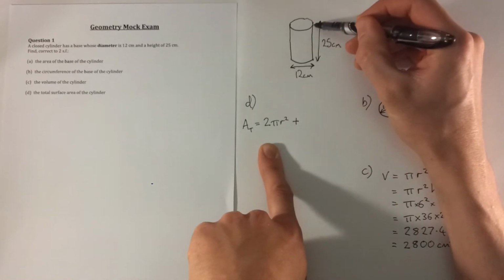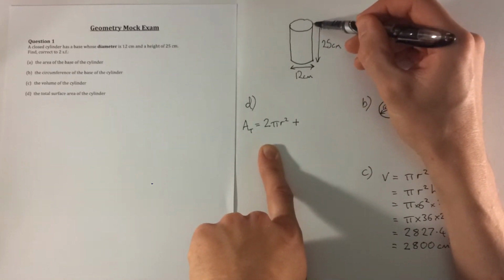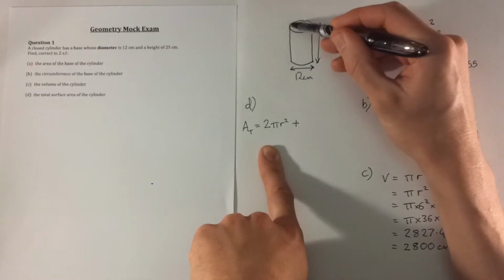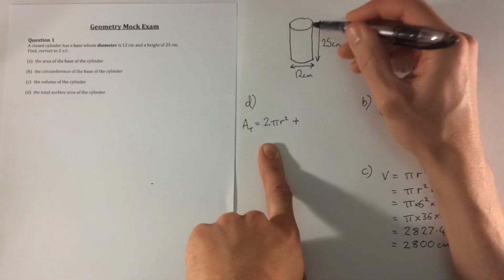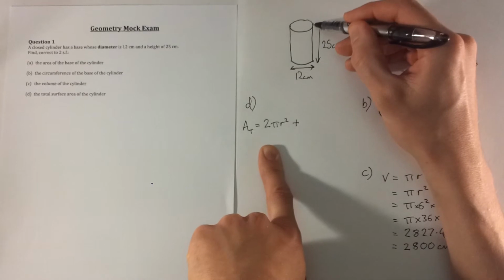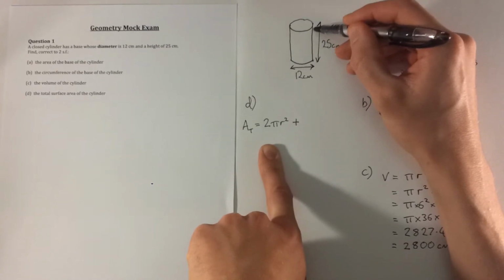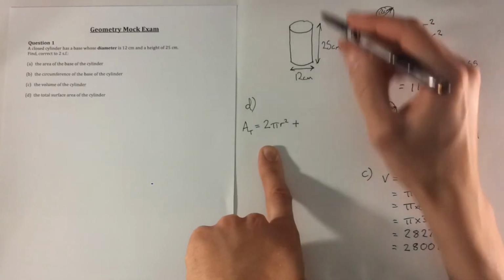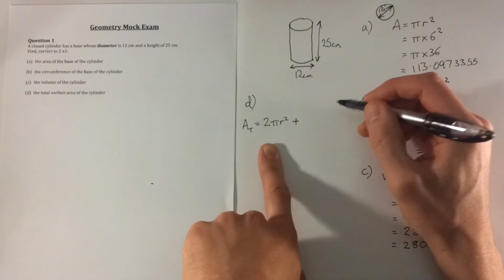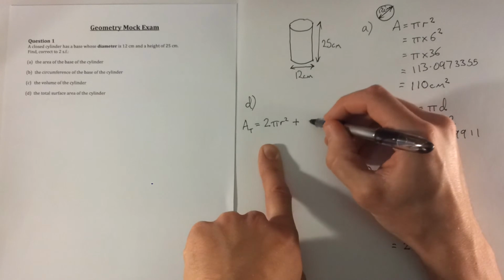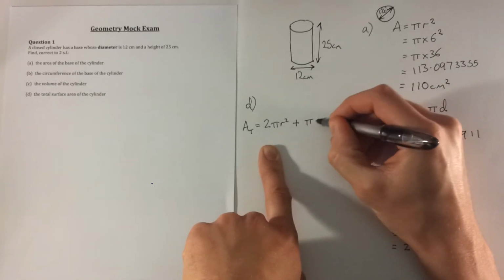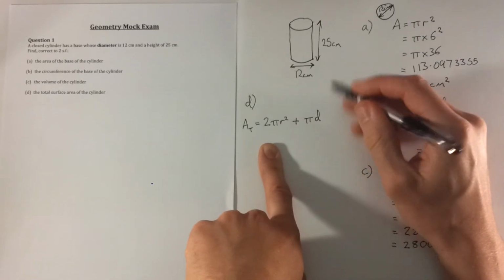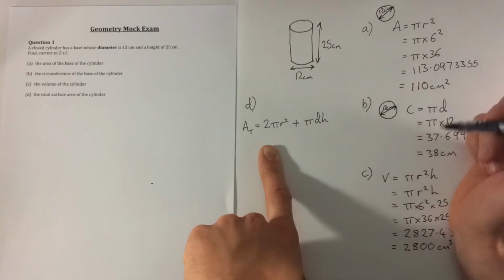Now we can imagine that if we were to roll that curved section out flat, then we would have a big rectangle. Its dimensions would be the circumference times the height. So we can add the circumference. To find the circumference we do pi times d and then multiply that by the height.